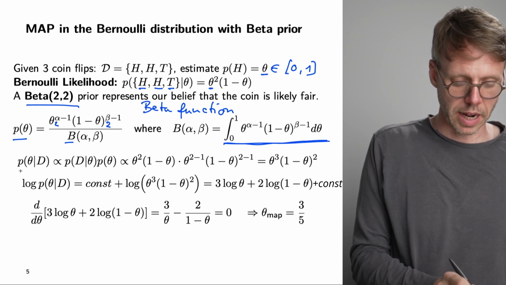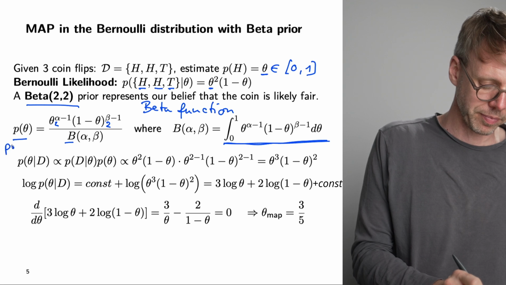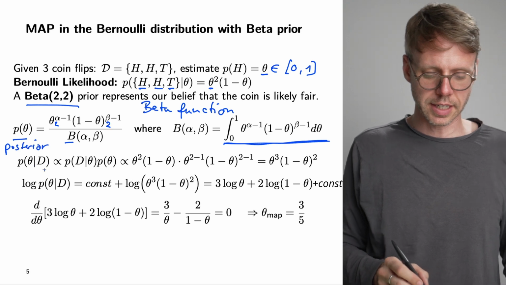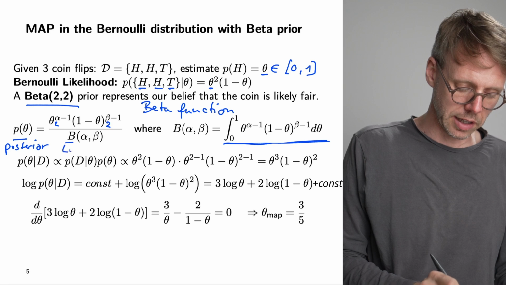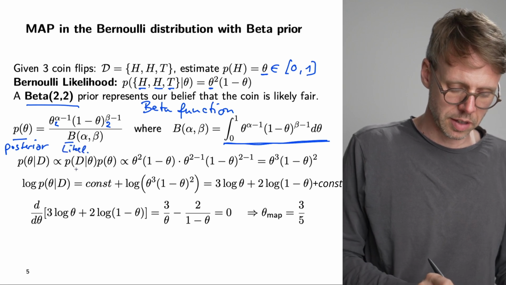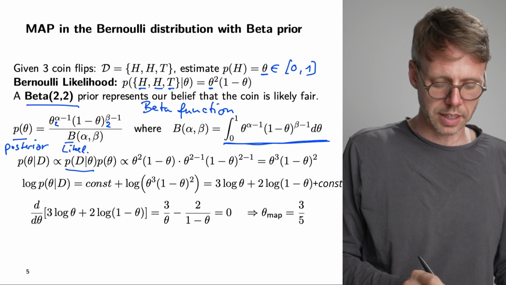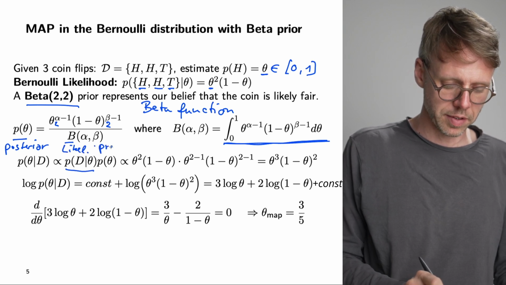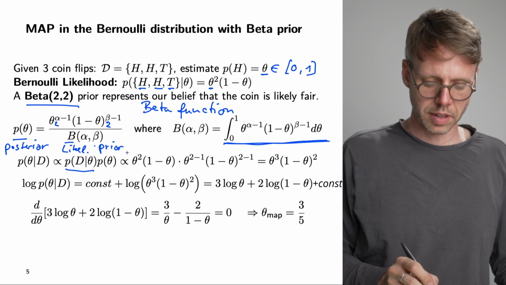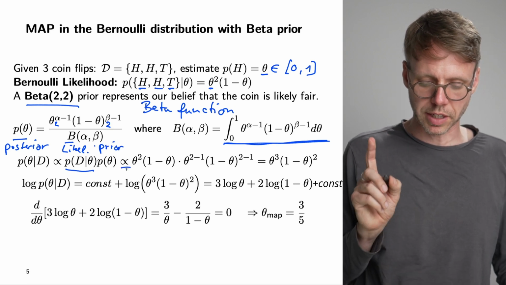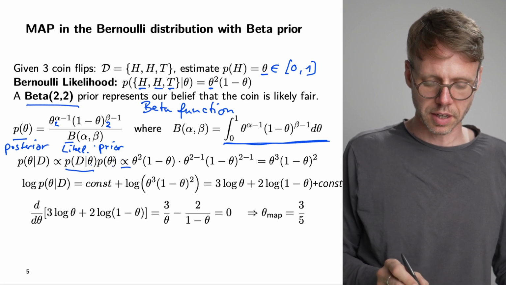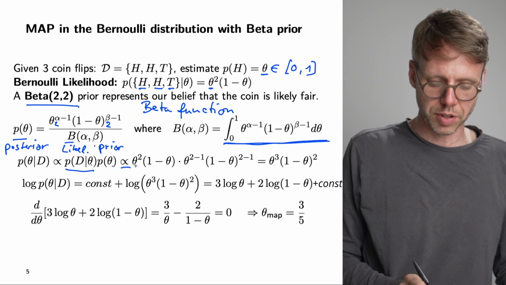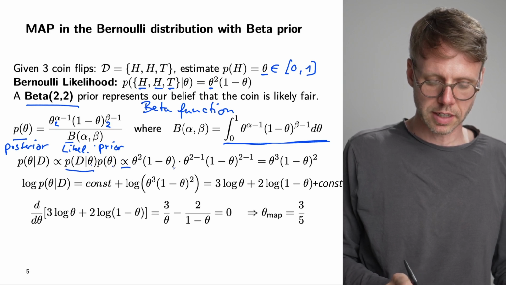So if we write down the posterior, p of theta given the data, that is proportional to the likelihood, p of the data given theta, times the prior. And that again is proportional to, now we're leaving away all the parts that do not depend on theta, theta squared times 1 minus theta.